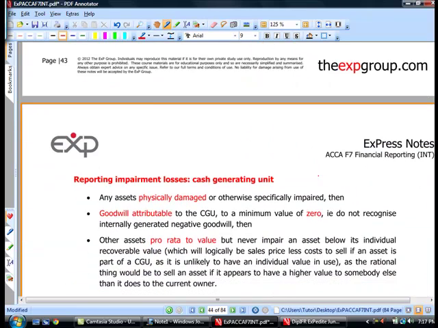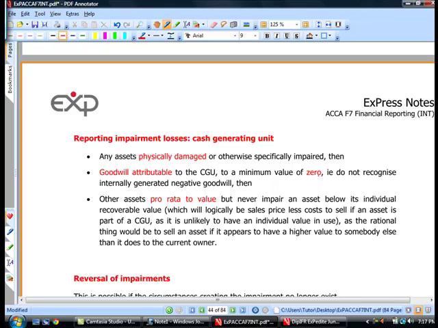For a cash generating unit, I will determine the recoverable amount of that cash generating unit, which can be either the value in use or the fair value less cost to sell, and I will compare that value with the carrying value of the total assets included in that cash generating unit. I will determine the impairment loss, and then I have to allocate it.